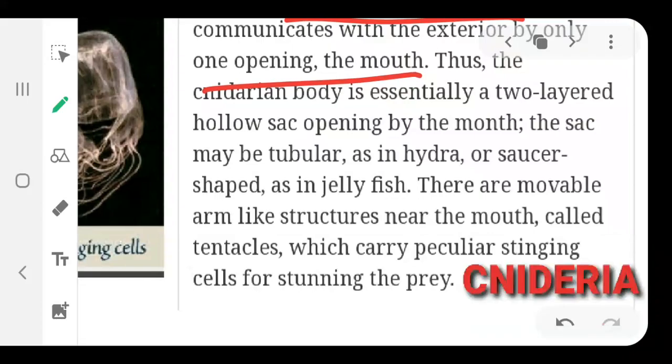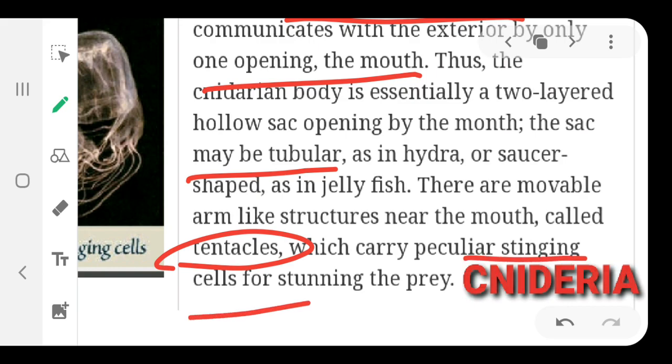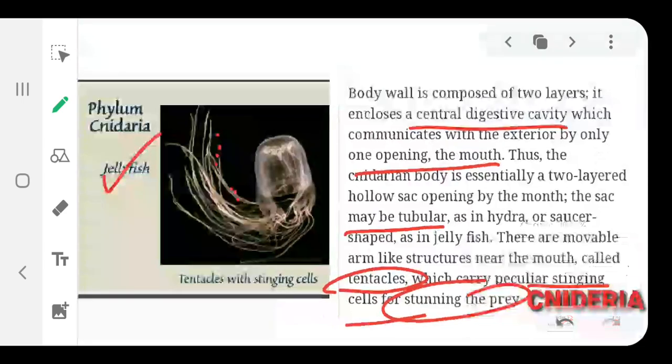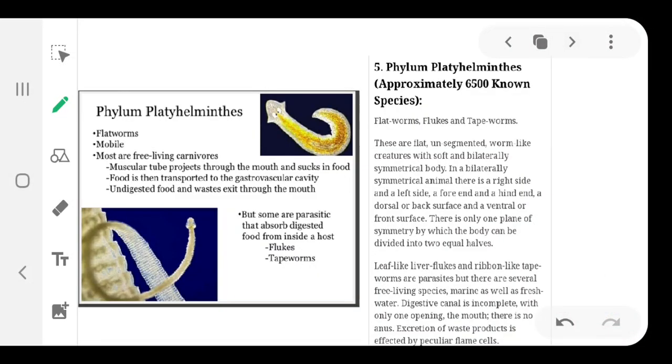The body is more or less tubular, and they have movable arms called tentacles. For their arms, we are using a word called tentacles containing the stinging cells. With those stinging cells, they stun the prey and even kill them, catch them, and then feed on them.